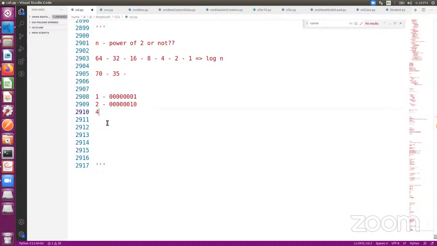And then 4, 8, 16. All the powers of 2, you can see, are having exactly one 1 bit. So can we have this as the logic to find out, or is there any other procedure? Is this a clue to find out whether it's a power of 2?